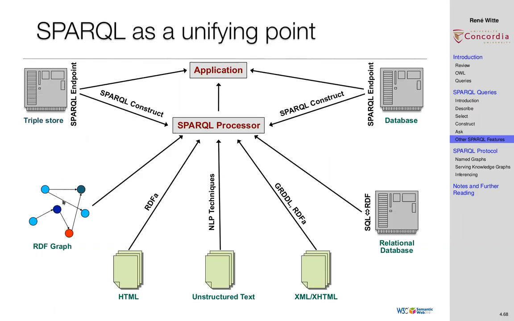So here we are looking at querying RDF graphs, but in the last lecture, you've also seen HTML with embedded RDFa data, and you can query those using SPARQL as well. In the next lecture, you'll see that there's also a way to export data from relational databases using RDF. So you can query those as well.